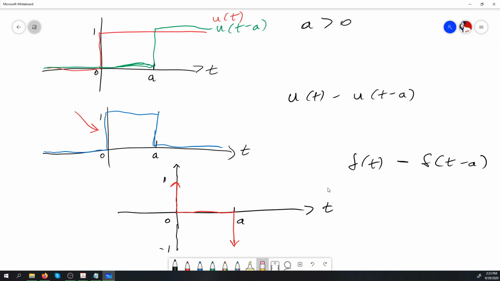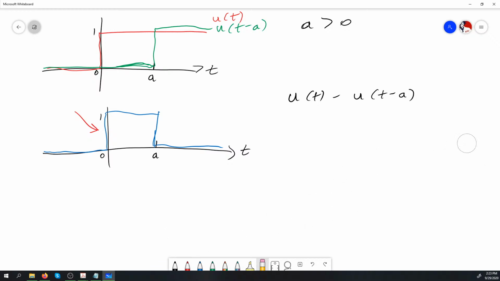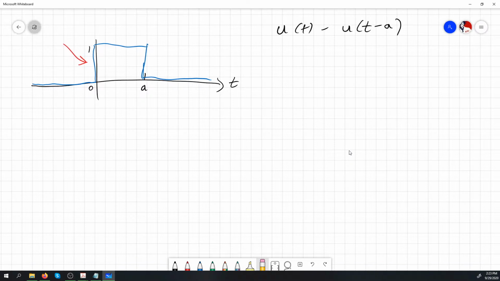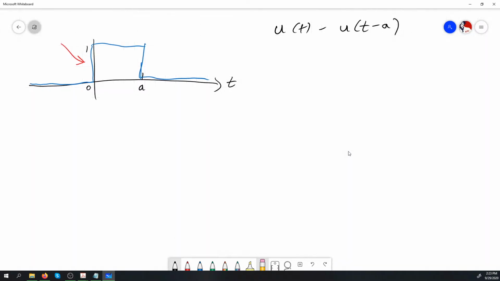Let me erase a little bit from here down to part B. So basically, because we now want to have t multiplied by u of t minus u of t minus a, this is just going to be our initial signal here, now just multiplied by t.